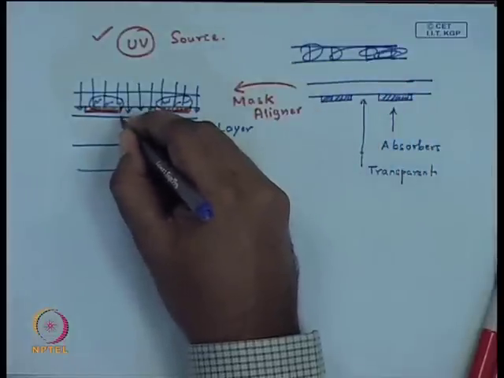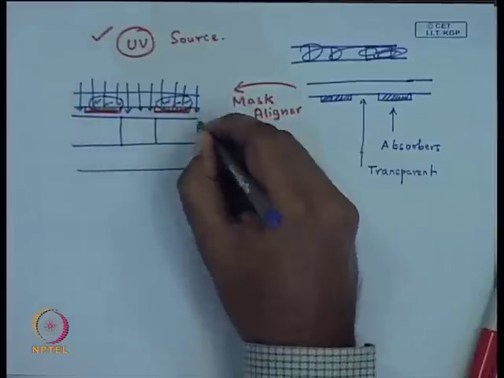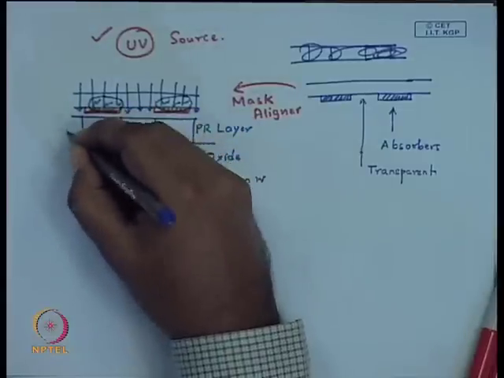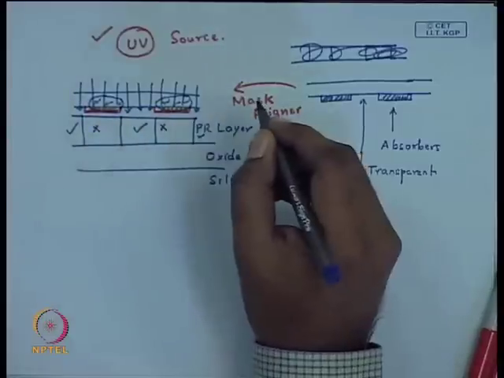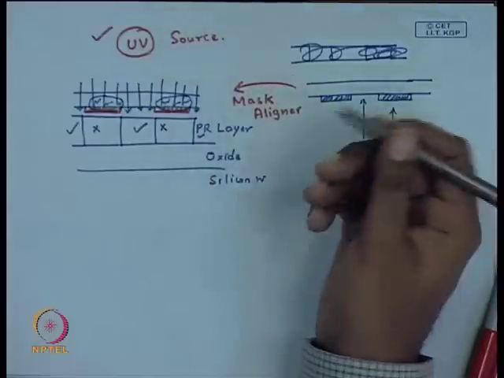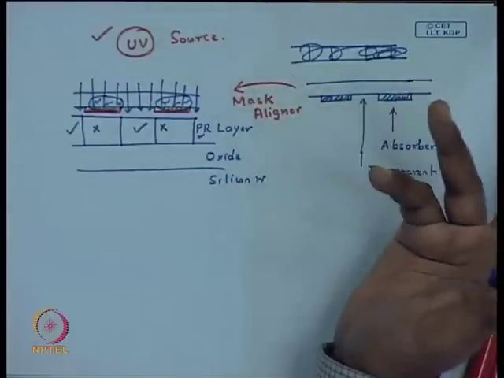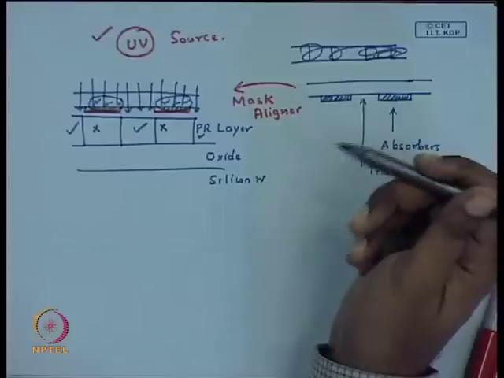So, these areas get preferentially exposed, and in these areas there is no exposure. And well, now we are again back to what we talked about initially, discussing the photoresist tone.